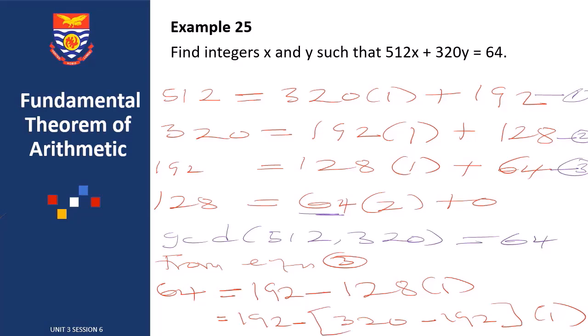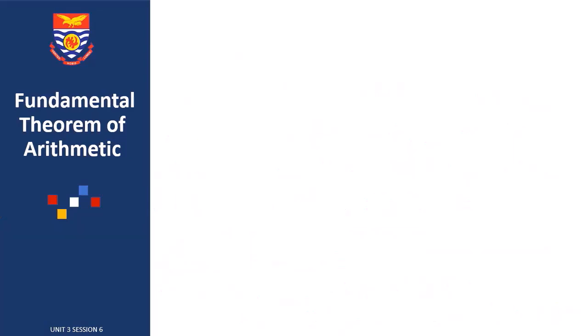Let's simplify this further before we go to equation 1. By simplifying, we have 192 times 2, because we have 192 and another 192. So 192 minus 192 times 1 gives 192 times 2, and then minus 320 times 1.